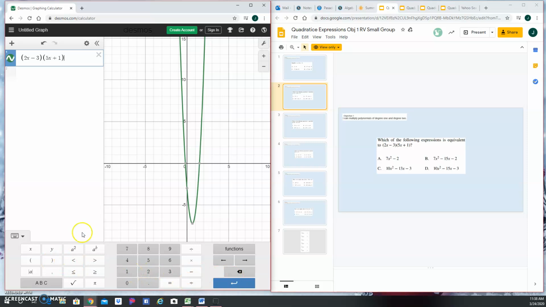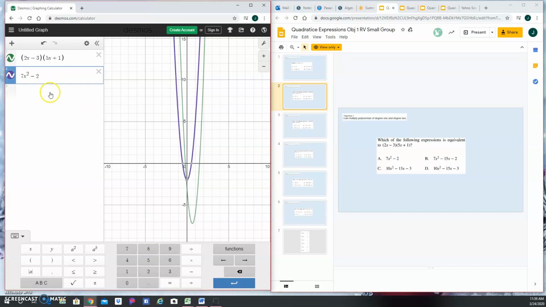So this is your function, and you want your other one to be equivalent to that. Therefore, the function that you will type, if it's the correct answer, must go on top of it. So I typed up the other one, that is 7x squared minus 2. That is our choice A, and as you can see, it did not go through.